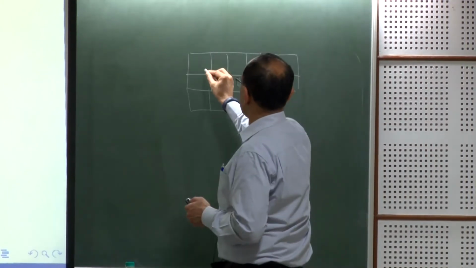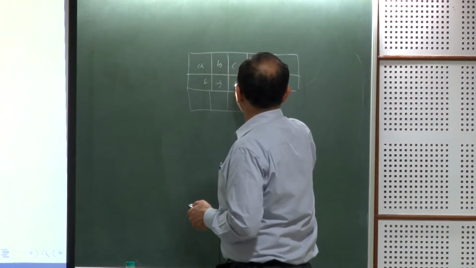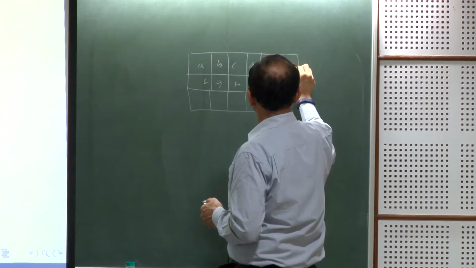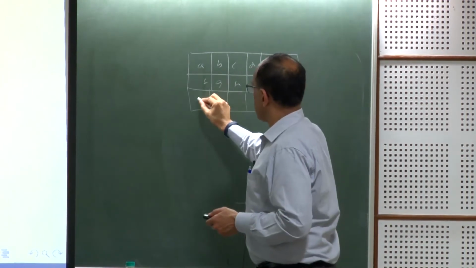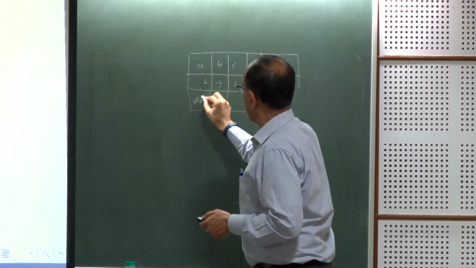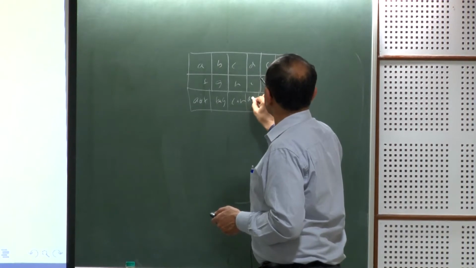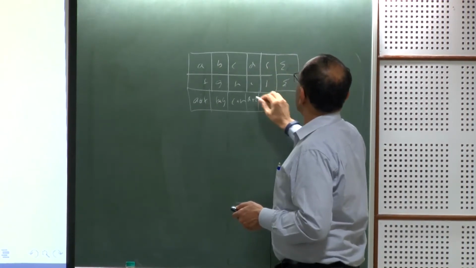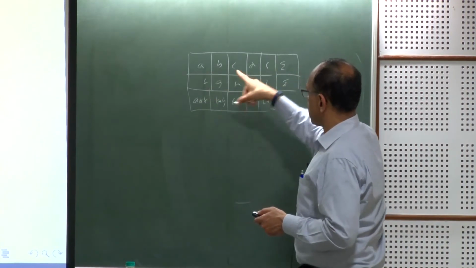You have A, B, C, D, E, F, G, H, I, J. So this is sigma A to E, and this is sigma F to J, and this will be sigma A F, B G, C H, D I, E J. See, this is simply added.